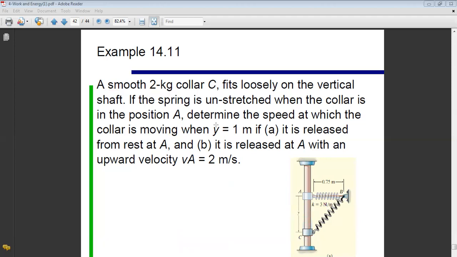So first, TA, as we said, TA is equal to half m VA squared.